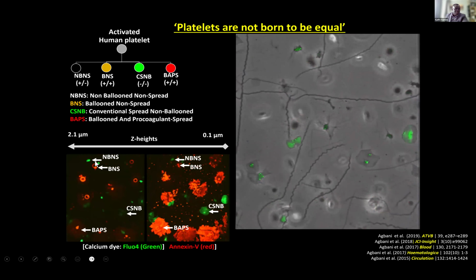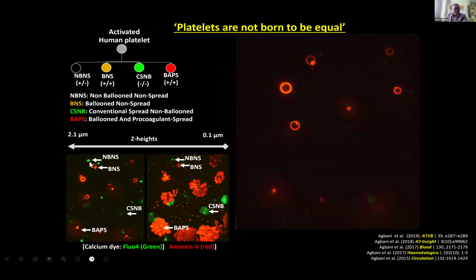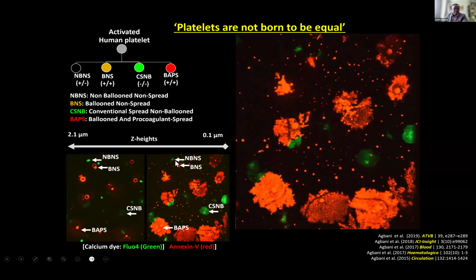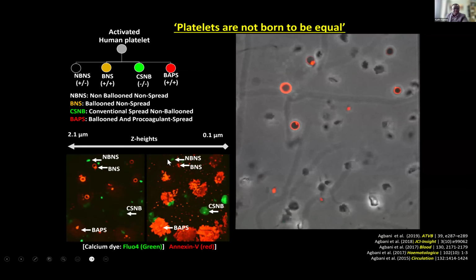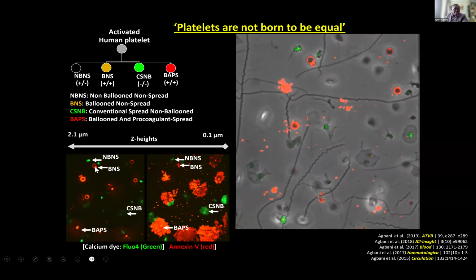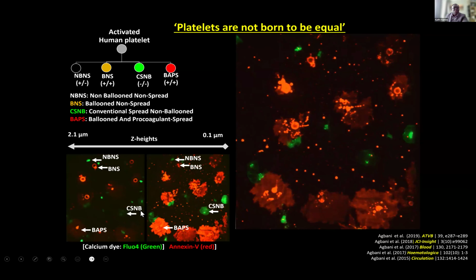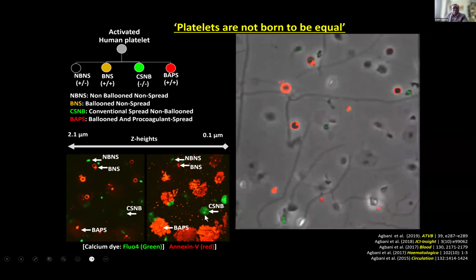So we have the non-ballooned, non-spread. At these sections they are non-ballooned, and they're also non-spread, at the lower sections. Then we have the BNS, the ballooned non-spread. These are ballooned, as you can see here, and they are not procoagulant spread on the lower section. Then we have the conventional spread non-ballooned platelet.